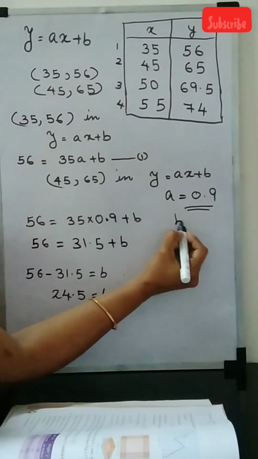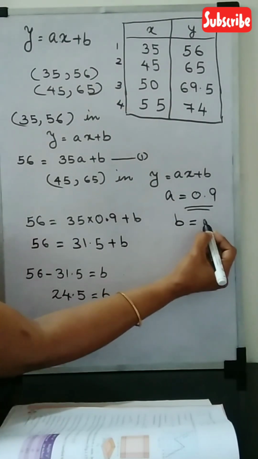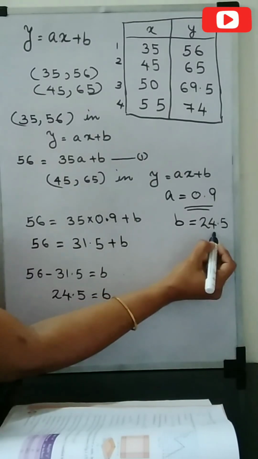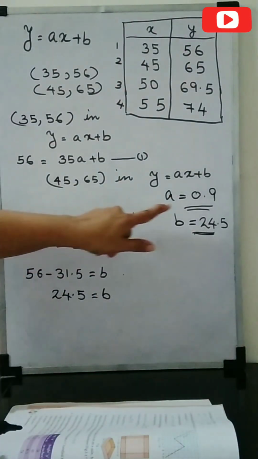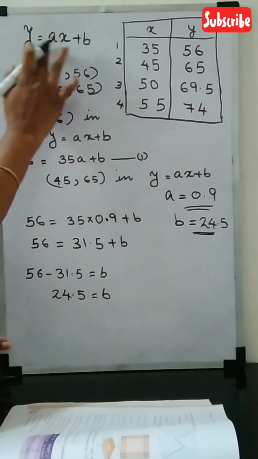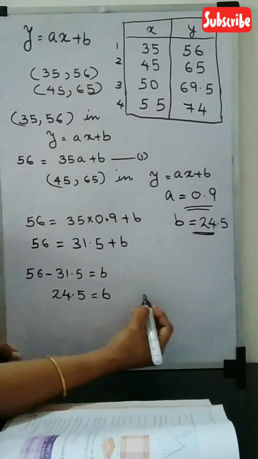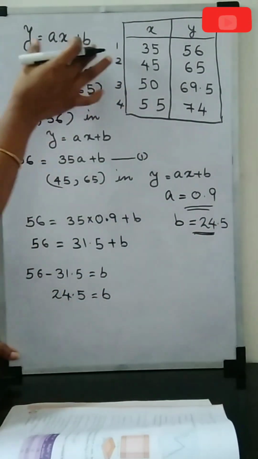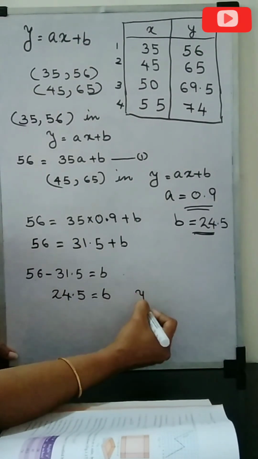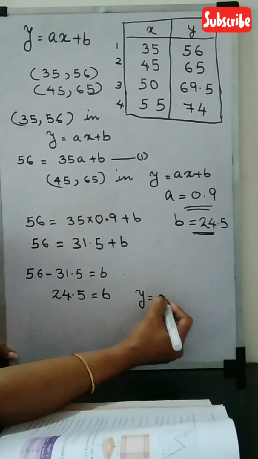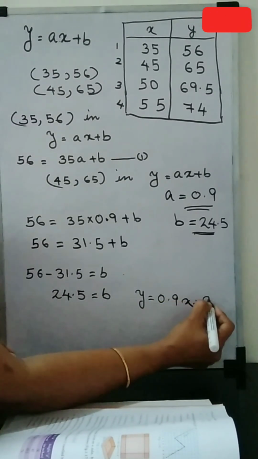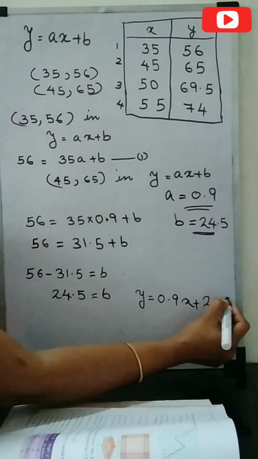So the value of B is equal to 24.5. Okay, now we have A and B values. Now we know y is equal to ax plus b. So in the values, y is equal to 0.9x plus 24.5.